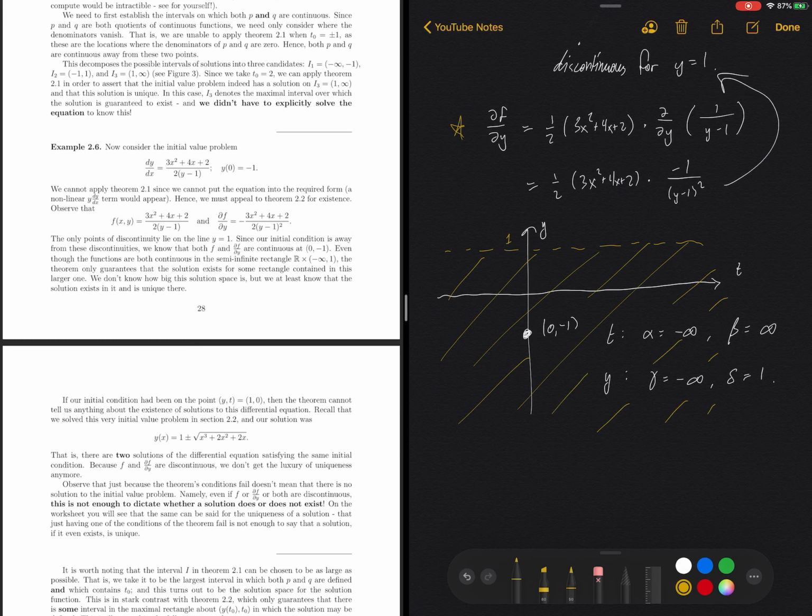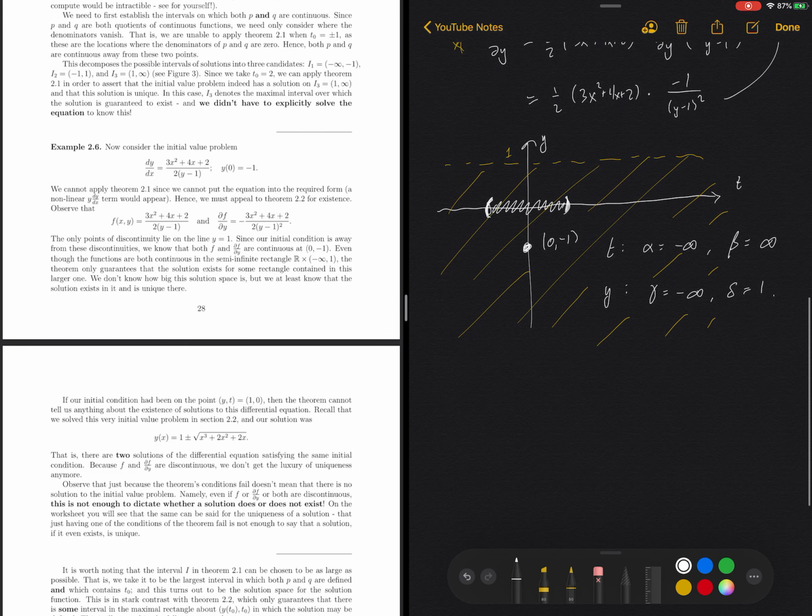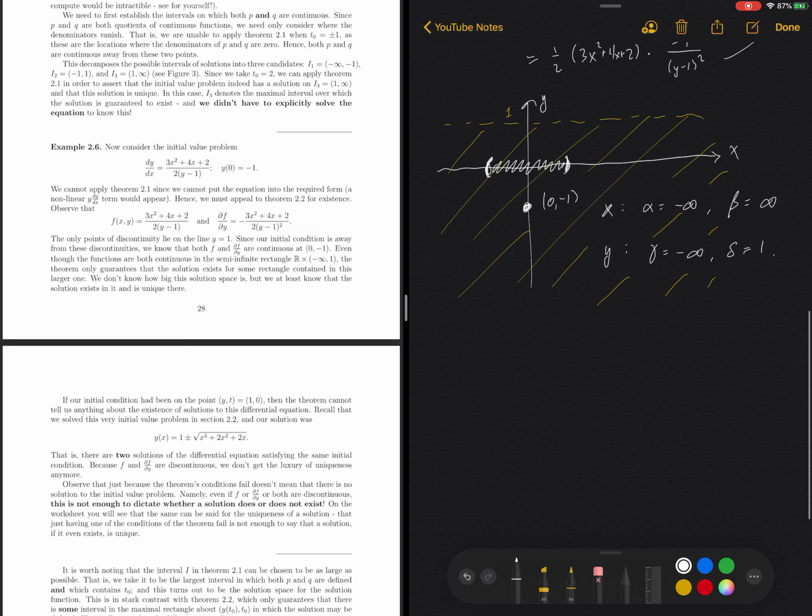Okay, so this is the box. This is my rectangle where I'm guaranteeing that my rate function and its first partial derivative with respect to y are both continuous, which means that I have a solution somewhere on the real line, right? There's some neighborhood of this location that I can guarantee a solution.